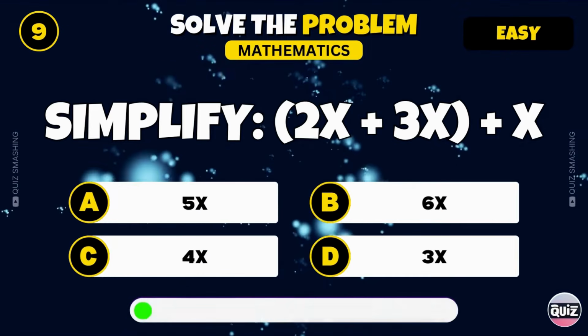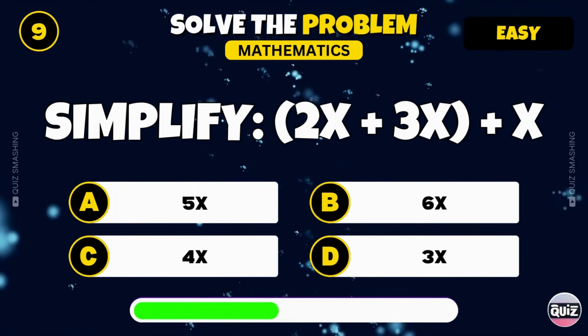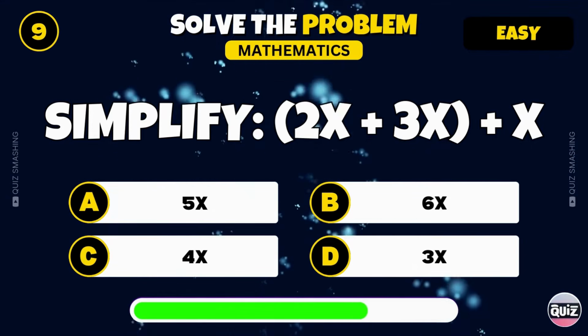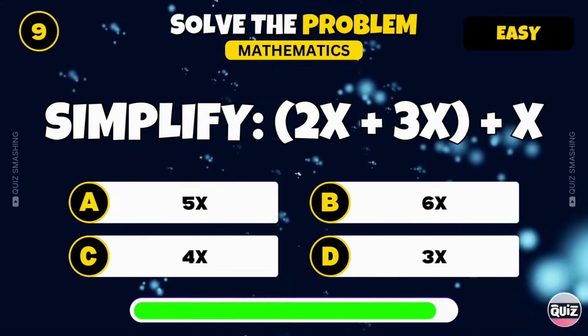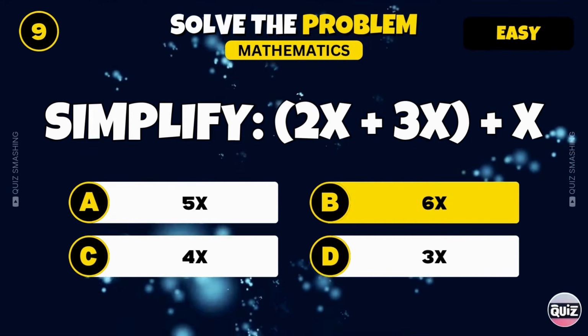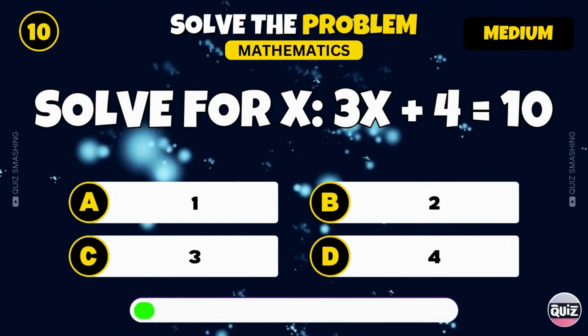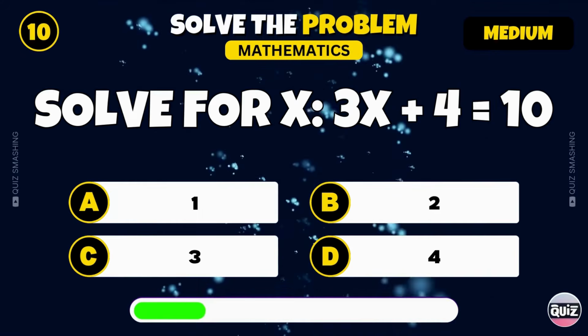Simplify (2x plus 3x) plus x. Great work, it becomes 6x. Solve for x. 3x plus 4 equals 10.